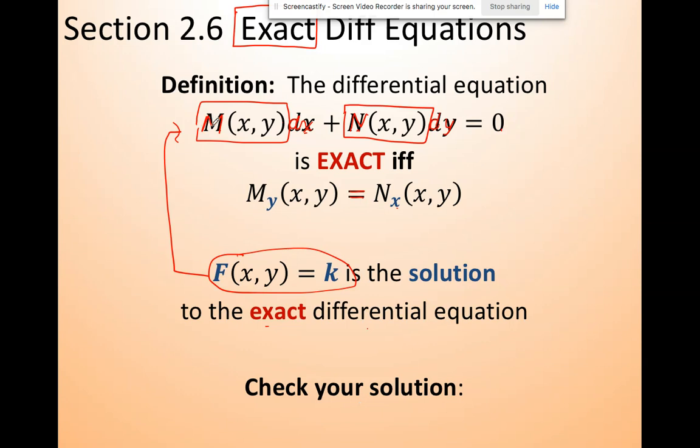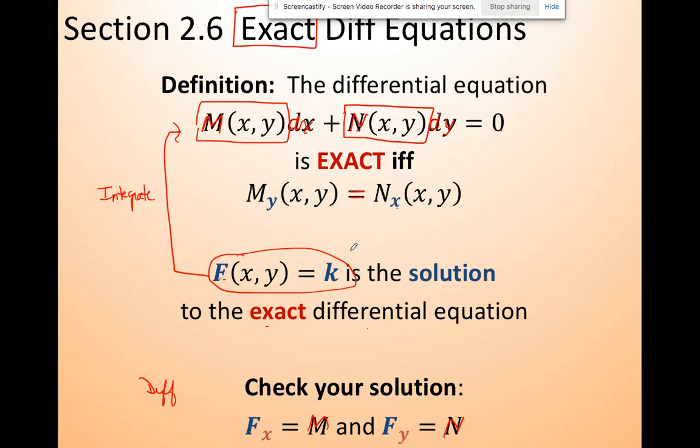Anytime I go from a derivative to the original, how do I get there? Integrate. How can I check my solution? Differentiate. If you take the partial of this function with respect to x, you should get M. And the partial of this function f with respect to y, you should get N.